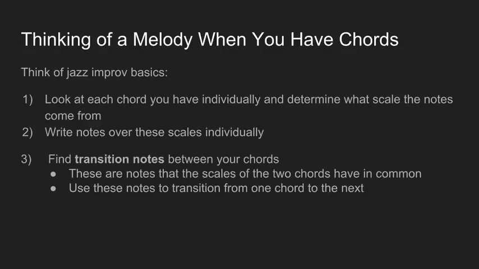So say I have an A7 chord, that's an A major chord with a dominant 7, so I'm in A Mixolydian. So I write out my A Mixolydian scale, and I borrow notes from there to use in my melody for as long as my A7 chord lasts. And then I look at my other chords in my chord progression, and I do the same type of thing.